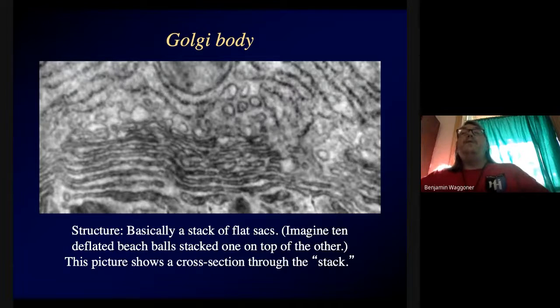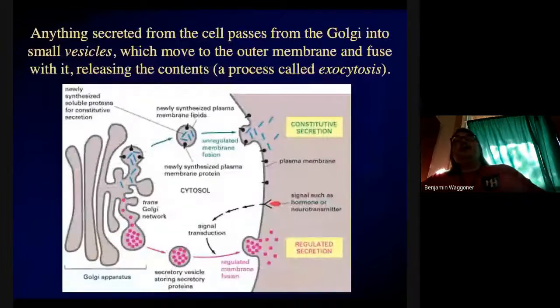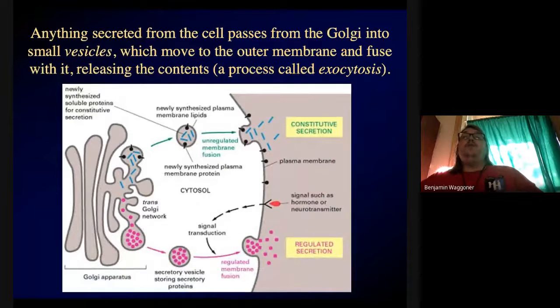Up above, if you look carefully, you can see little circles above the Golgi itself. Those are vesicles, tiny little bubbles of this membrane. And vesicles are always fusing with the Golgi.